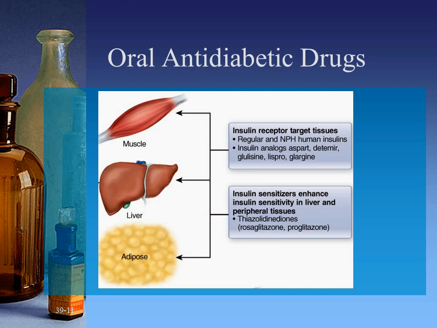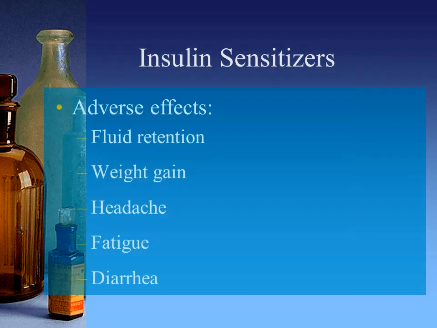It requires that insulin is present in the body, and that's why we can use this with type 2 diabetics, but we can't use this in type 1 diabetics, because if insulin is not present in the body, the oral anti-diabetic medications will not work.